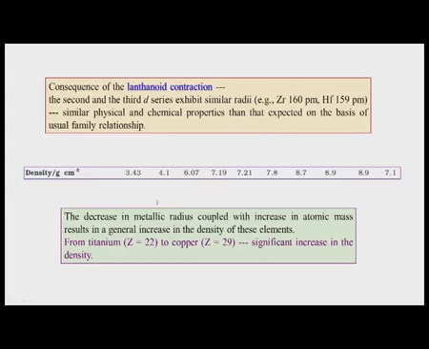As we see in the plot, the metallic radius is decreasing and the atomic mass is increasing, but that increase is not overcoming the corresponding change in the radius. So, from titanium to copper there will definitely be a significant increase in density. This is scandium, this is titanium, and copper is in the range of about 9 gram per centimeter cube.